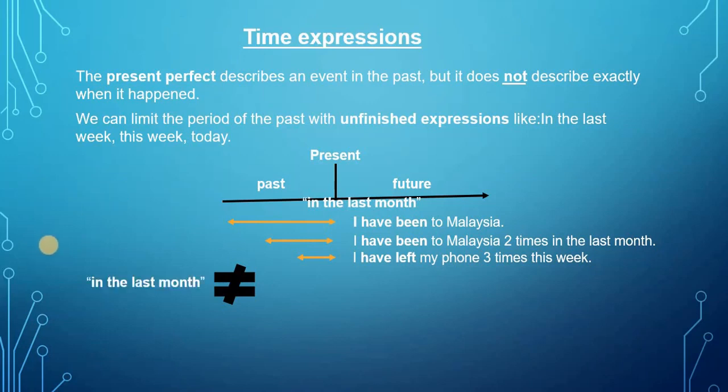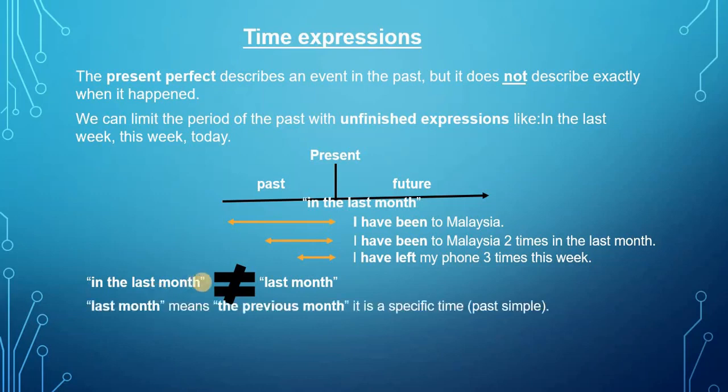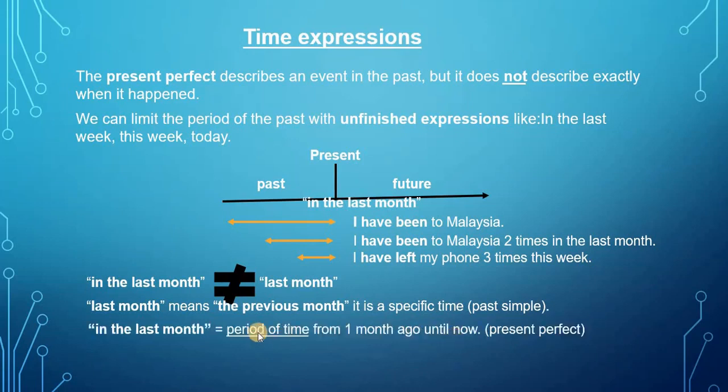Okay, here. Be careful, guys. In the last month does not mean last month. This is the difference. Last month means the previous month. It is a specific time, or the past simple. But here, in the last month, it is a period of time from 1 month ago until now.